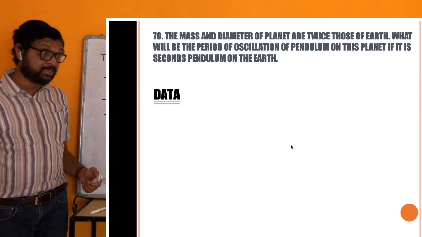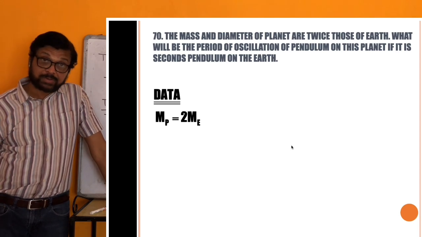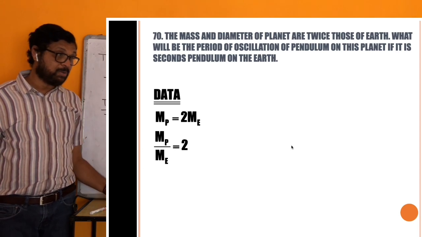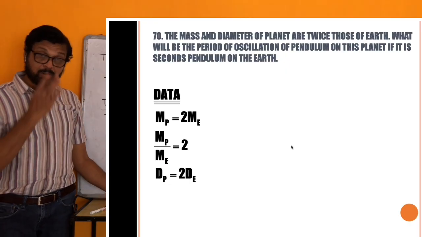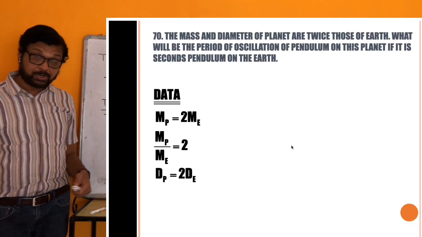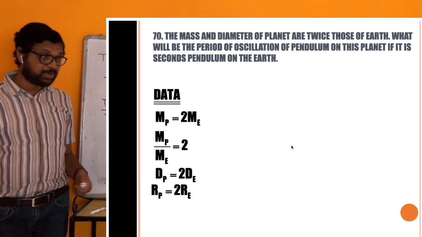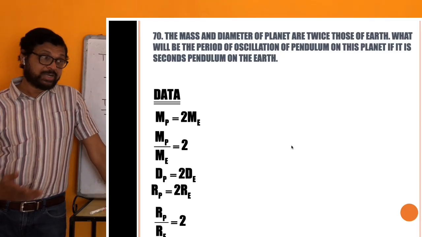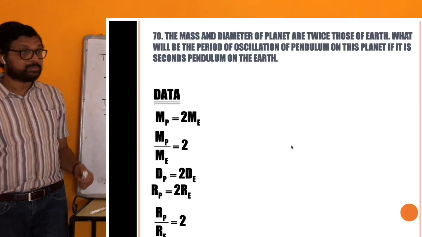Your data says mass of the planet is 2 times mass of Earth and therefore MP upon ME is equal to 2. It says diameter of the planet is 2 times diameter of Earth, means radius is also 2 times radius of Earth. So the radius ratio is 2. So ratio of the masses is 2, ratio of the radius is also 2.